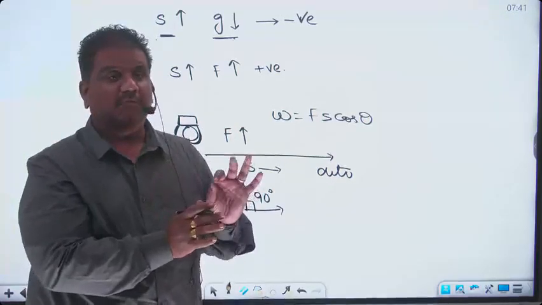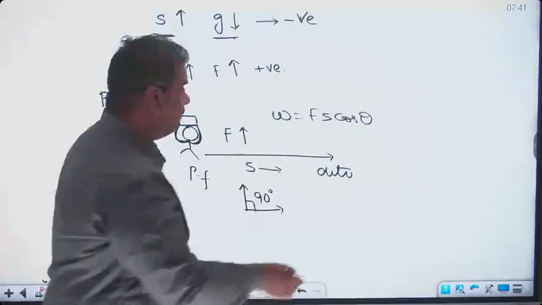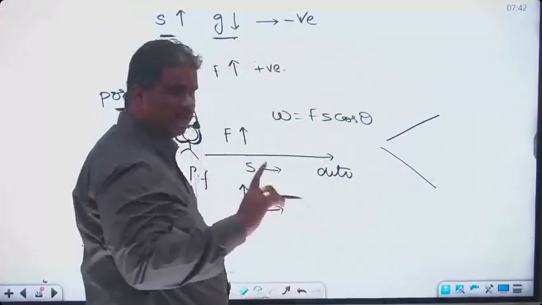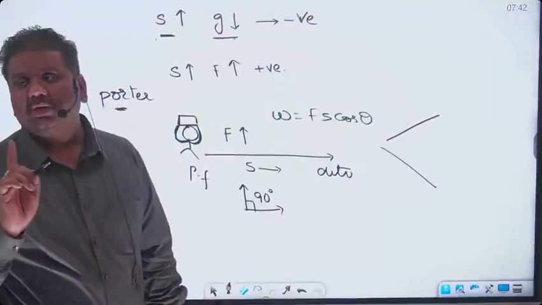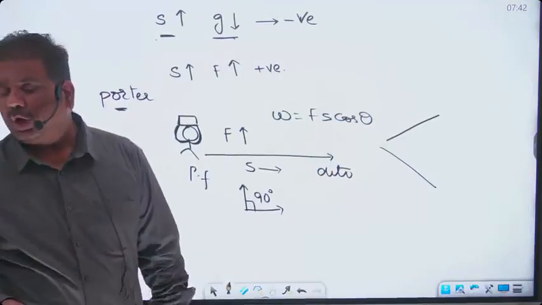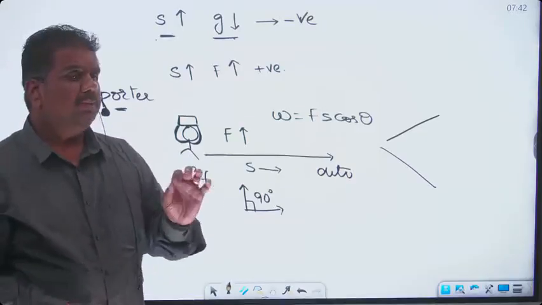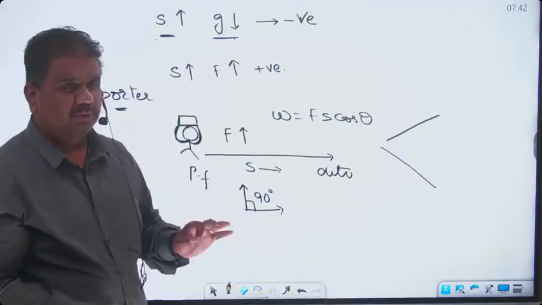Kani if you are moving down the stairs, మెట్లు దిగేటప్పుడు కానివ్వండి, మెట్లు ఎక్కేటప్పుడు కానివ్వండి, angle is not equal to 90 degrees కాబట్టి some work is said to be done. On a horizontal surface, work is always equal to 0. Remember that one, because you are having some problems even based on this.